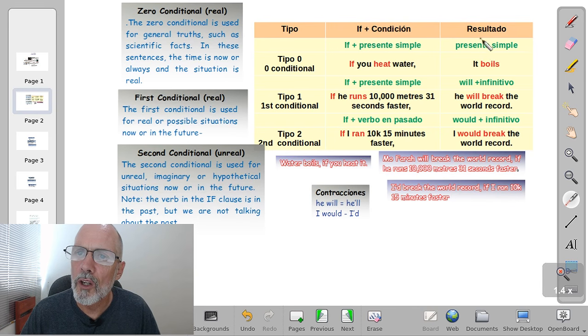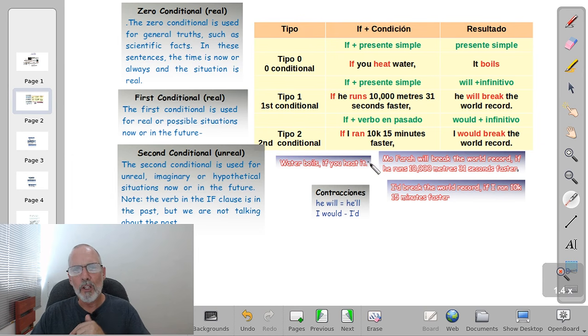I told you you can reverse the order of these. If you want, instead of saying if you heat water it boils, you can say water boils if you heat it. You don't have to put this bit first and this bit second. You can put the result first and the if second. And the other examples, Mo Farah will break the world record if he runs 10,000 meters 31 seconds faster.